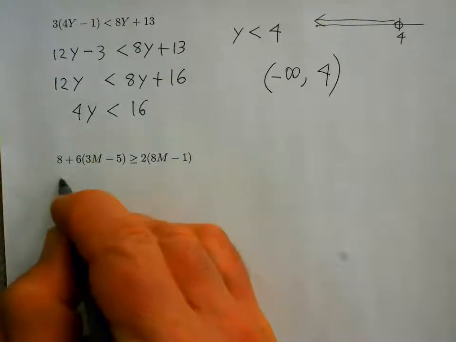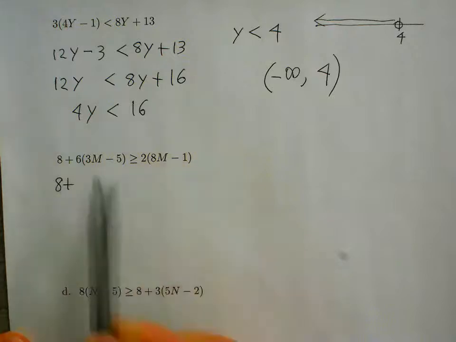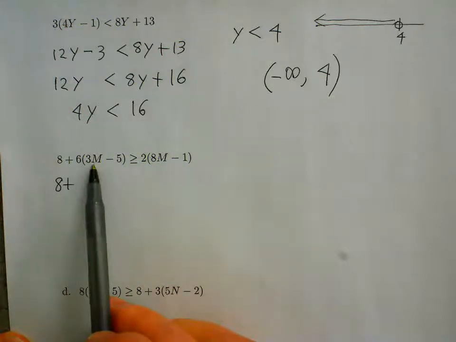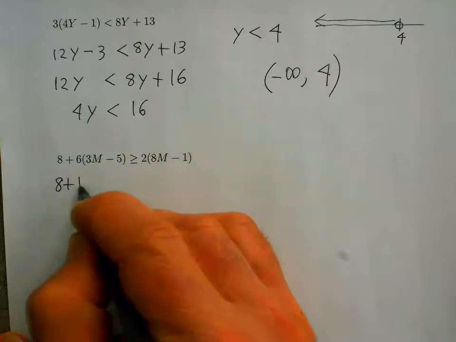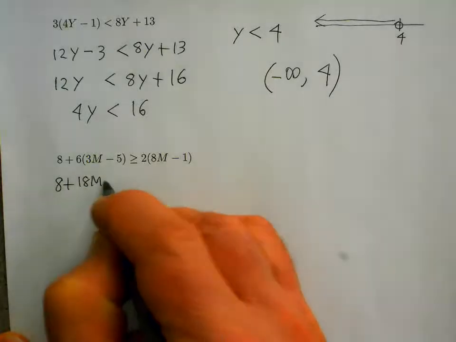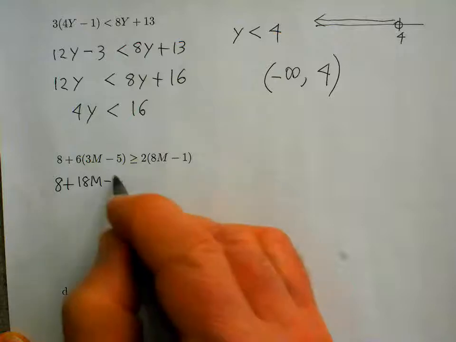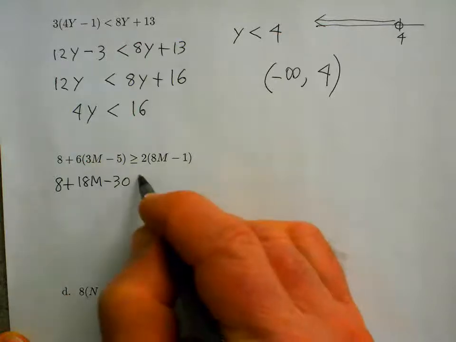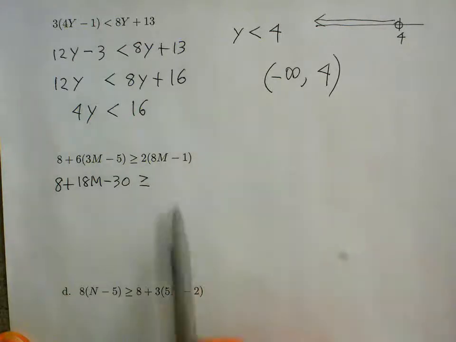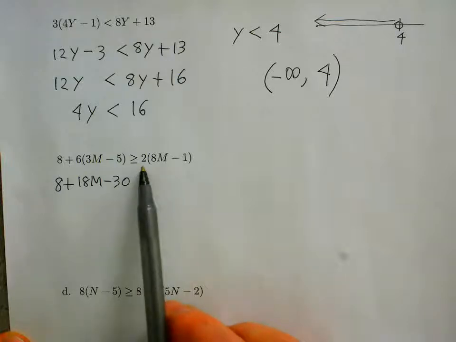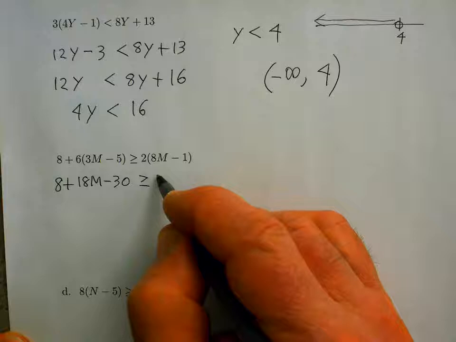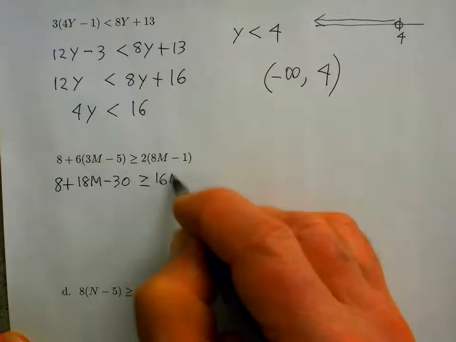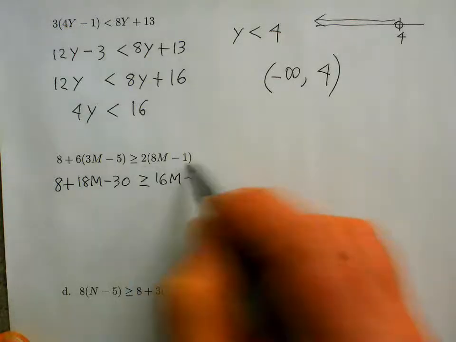So we have to write 8 plus, and then 6 times the quantity 3m minus 5. 6 times 3m is 18m, and then minus 6 times 5 is minus 30. This is greater than or equal to, and then we multiply 2 times the quantity 8m minus 1. 2 times 8m is 16m, and then minus 2 times 1 is minus 2.